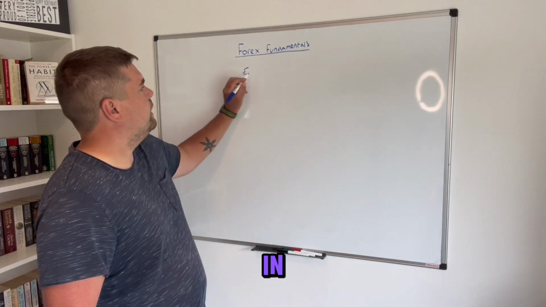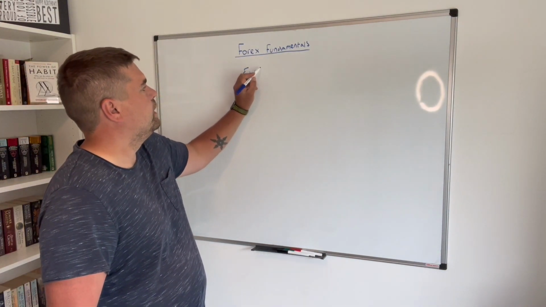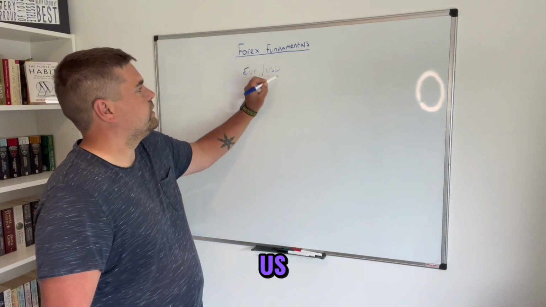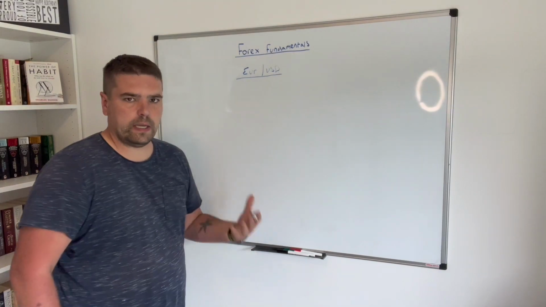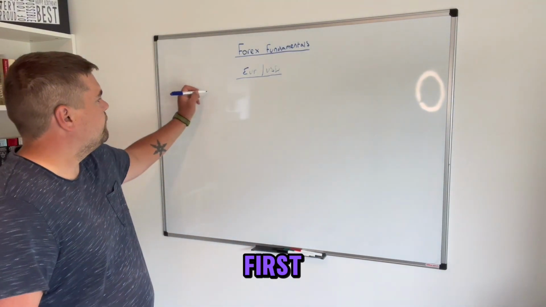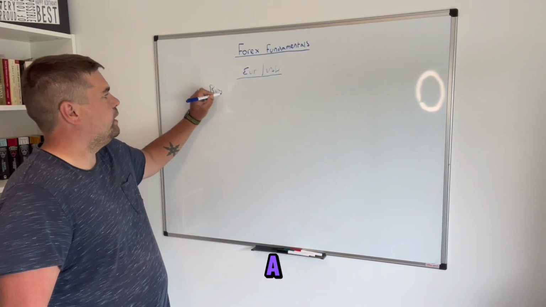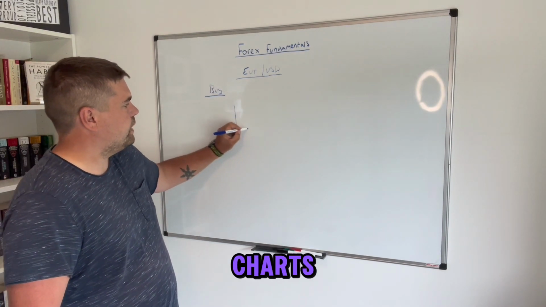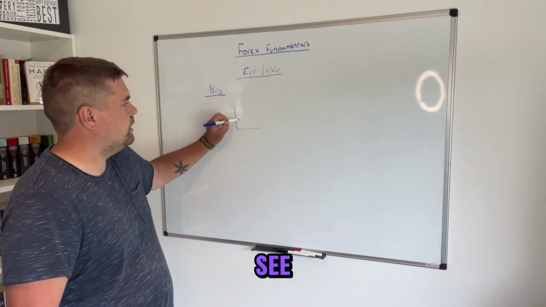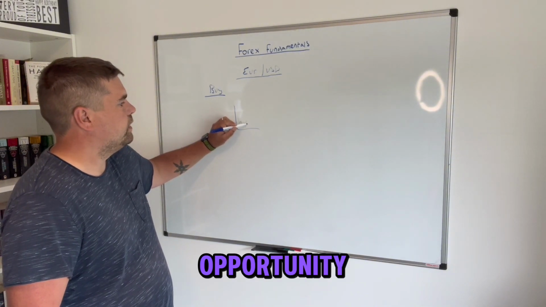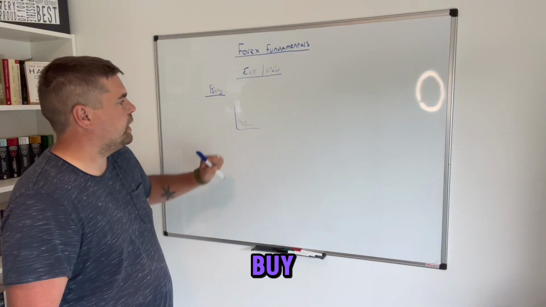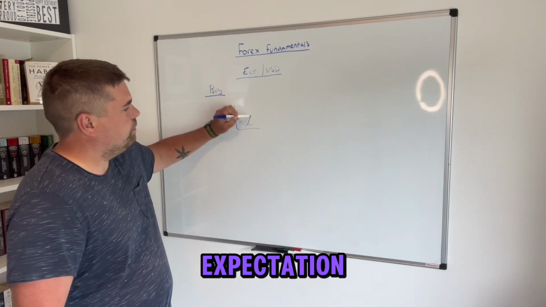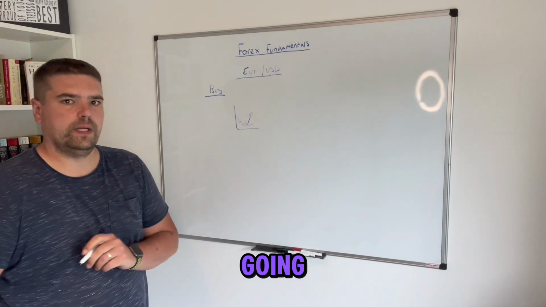And so in this example, I'm going to go through the opportunities for the euro US dollar and what actually happens. So the first example we're going to go into is a buy example. So you're looking at the charts and you see an opportunity that you now want to buy the currency, with the expectation that price is going up.